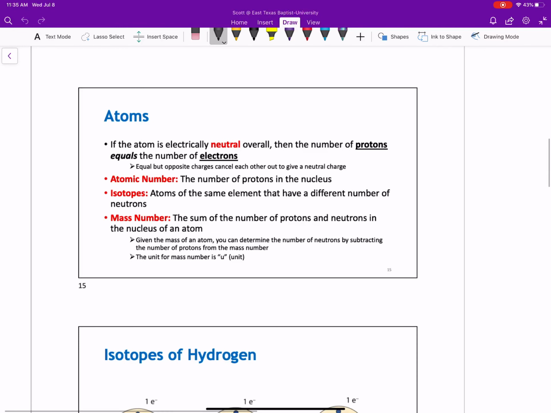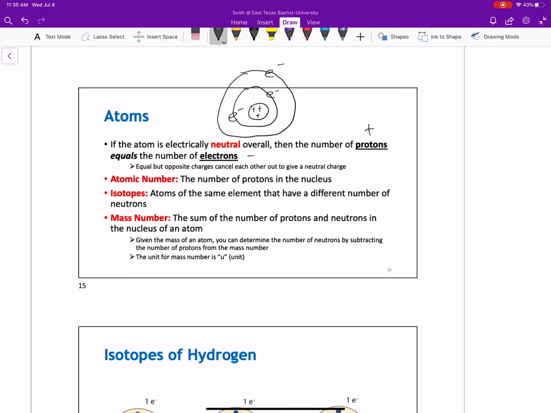But you would have already seen these slides, okay? So here's this slide, atoms. If the atom is electrically neutral overall, then the number of protons equals the number of electrons. Remember, protons are positively charged and electrons are negatively charged. If in your nucleus you have 3 positives, and we're just going to omit the neutrons for this discussion, and in your electron cloud you have a minus, a minus, and a minus, that's 3.